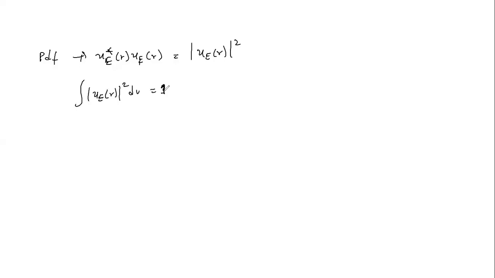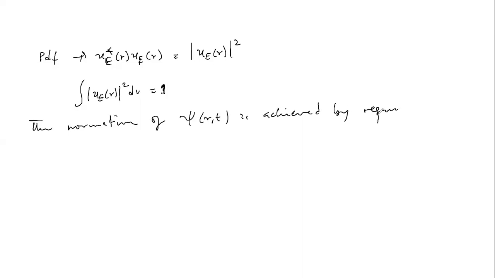Now, there's something you should take note of here: the normalization of psi(r,t), the time-dependent Schrodinger equation solution, is achieved by requiring that the initial value of this function, its conjugate times its value, which is the same as the PDF, should be equal to 1.